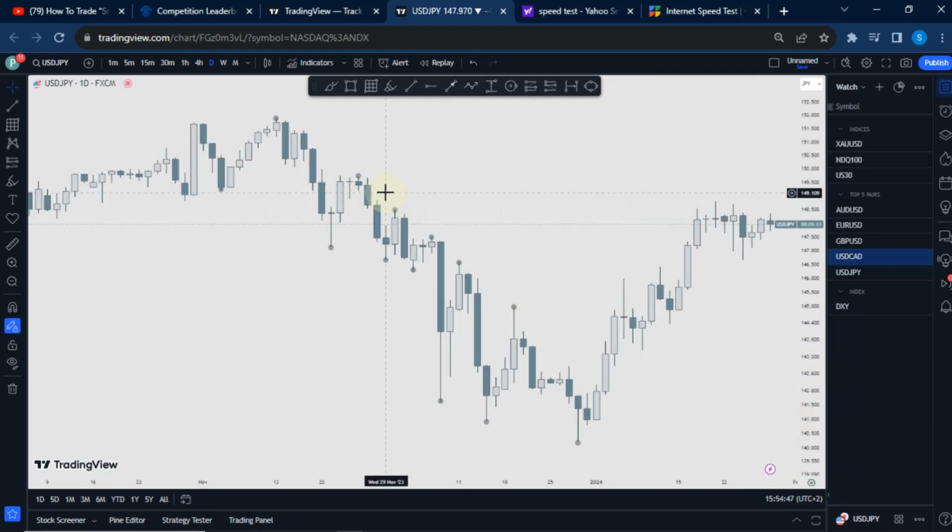So remember, once we identify our lower lows and our lower highs, what we're going to be doing is drawing our break of structure. So here what happened is that we had our down break of structure.